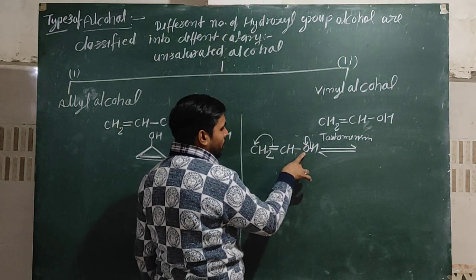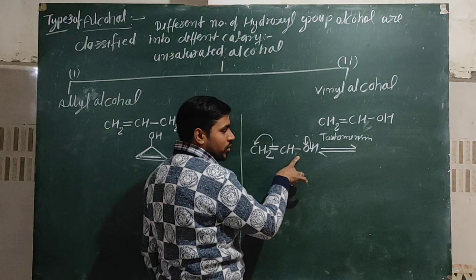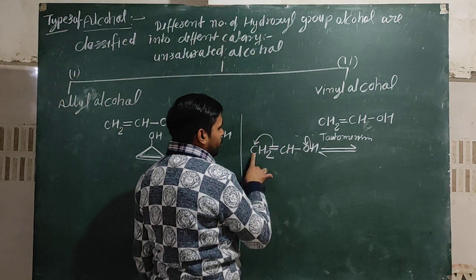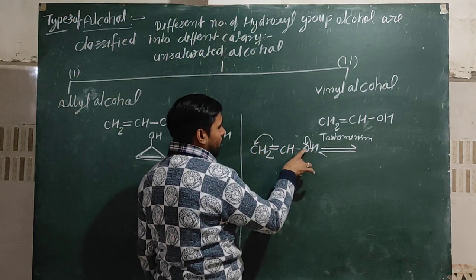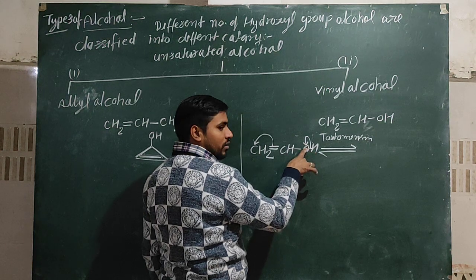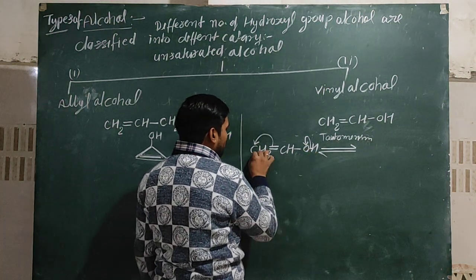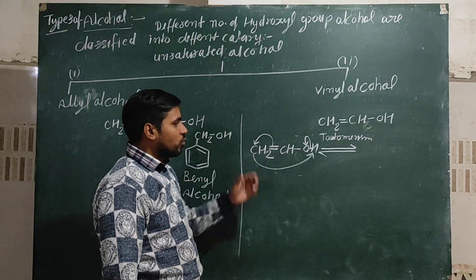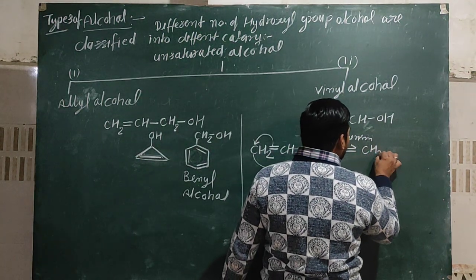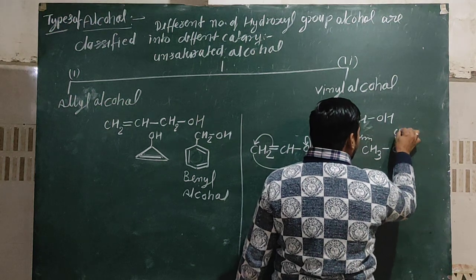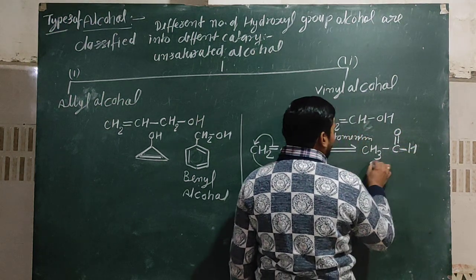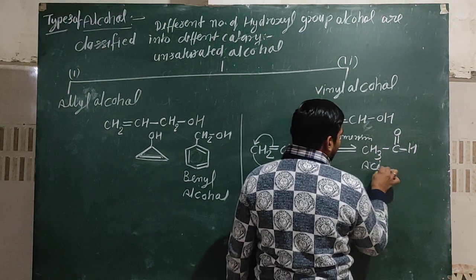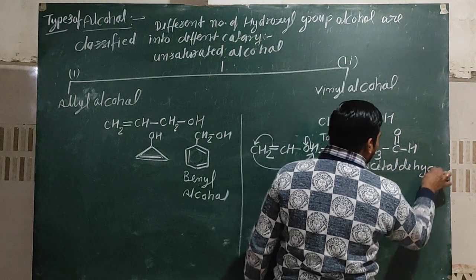This positive charge attaches with the negatively charged oxygen to form an aldehyde, and this positively charged hydrogen comes toward the CH2 group and it changes into CH3-CH=O, which is known as acetaldehyde.